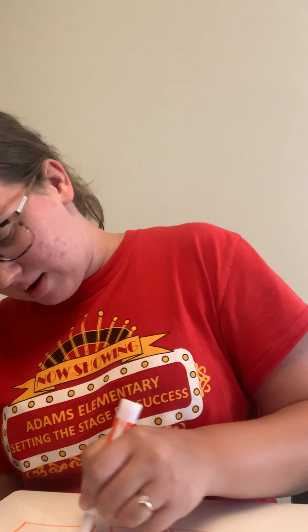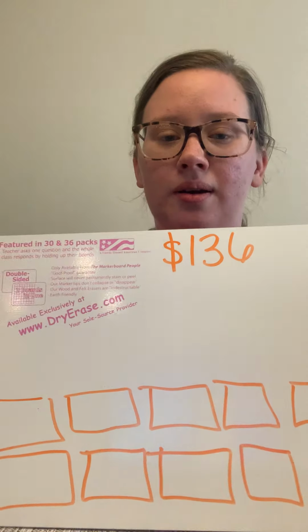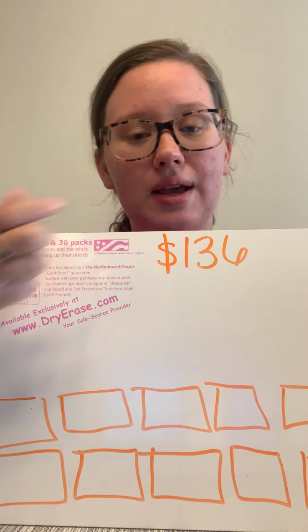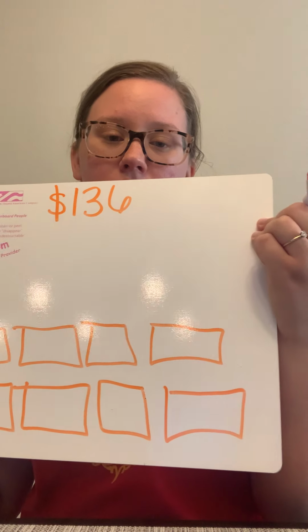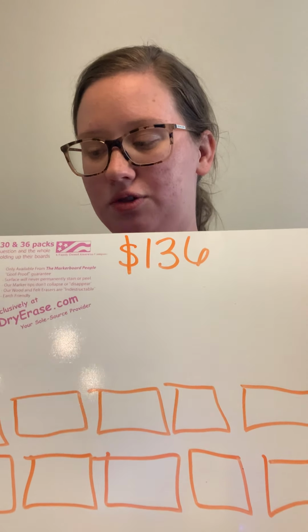So let me draw my boxes real quick. There are 10 boxes that they want us to fill. 2, 3, 4, 5, 6, 7, 8, 9, 10. Okay, so here's my number up top, 136, and here are my 10 boxes that it wants us to fill.